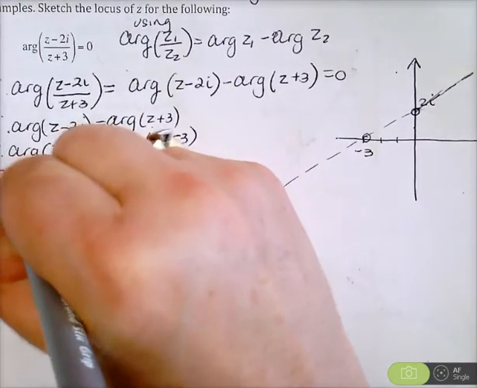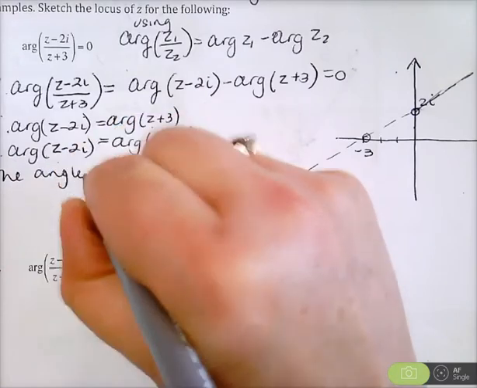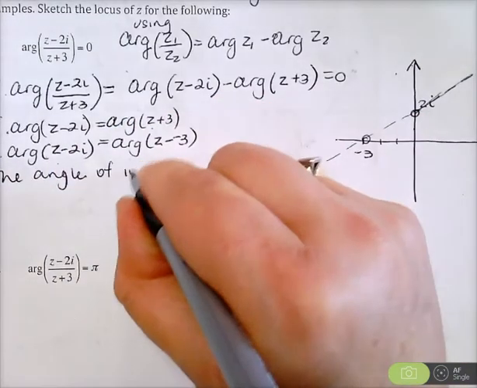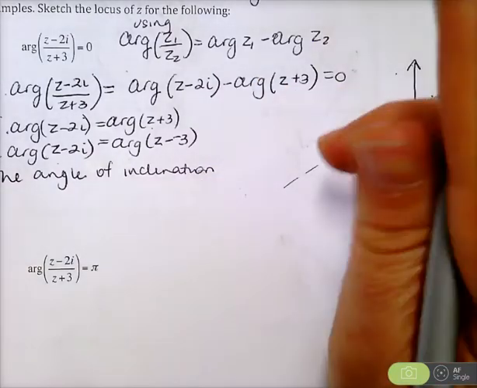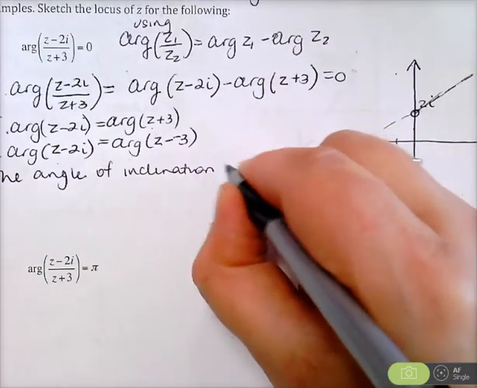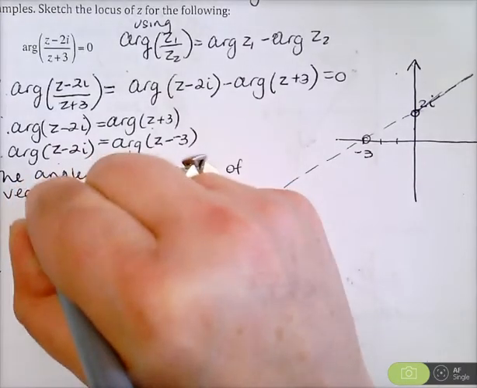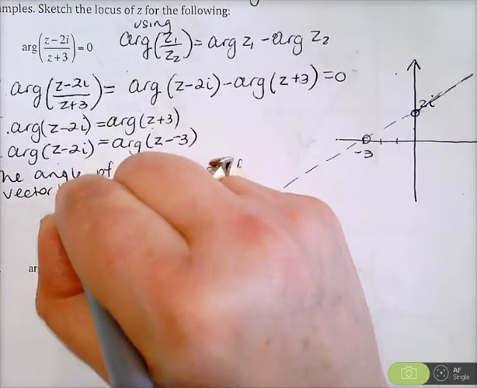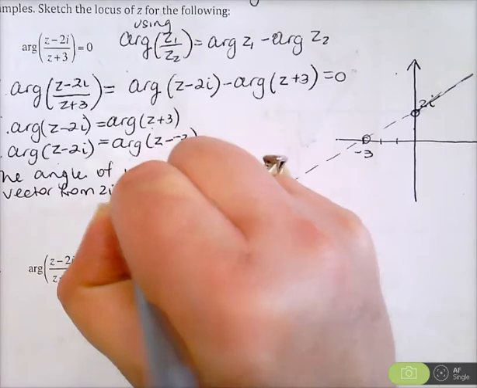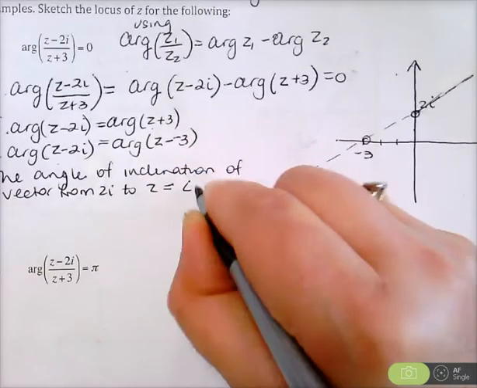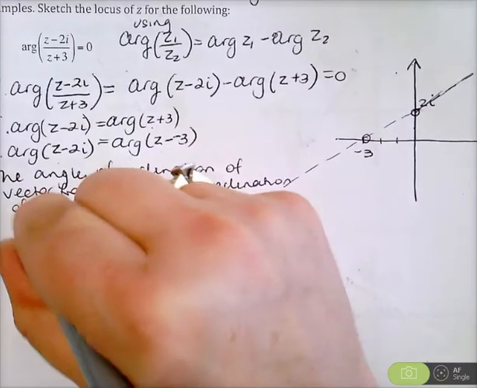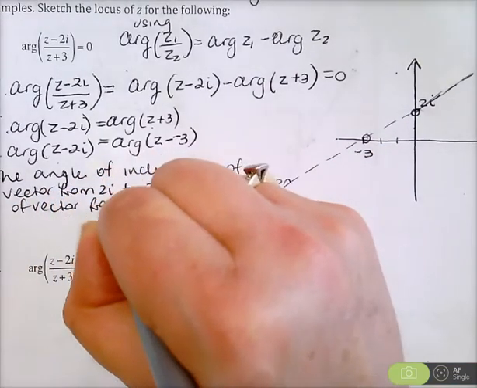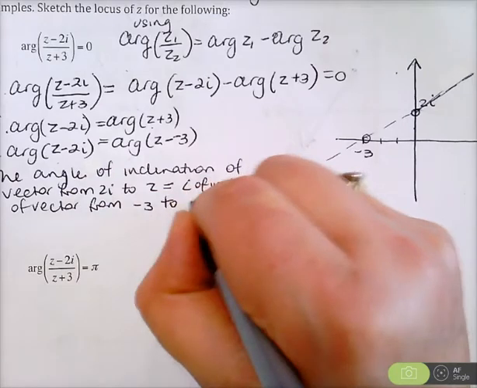Okay, so we've got the angle of inclination, which is the angle from the real x-axis. So the angle of inclination of the vector from 2i to z equals the angle of inclination of the vector from negative 3 to z.